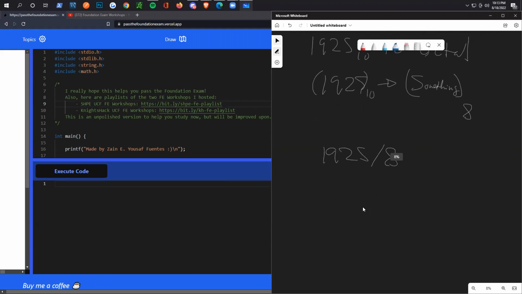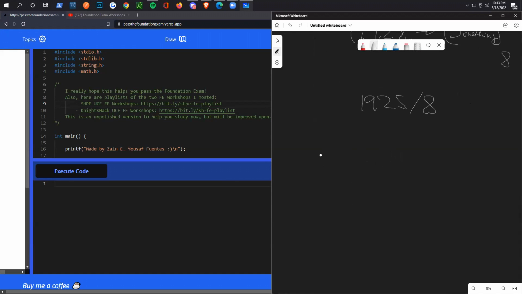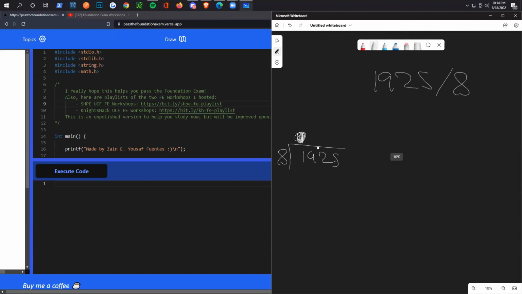So 8 doesn't go into 1, so I'm just going to write nothing here. Then 8 goes into 19 twice.